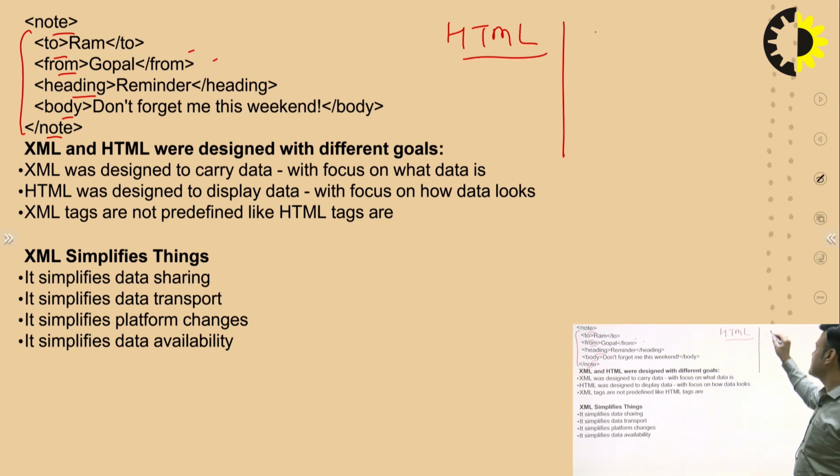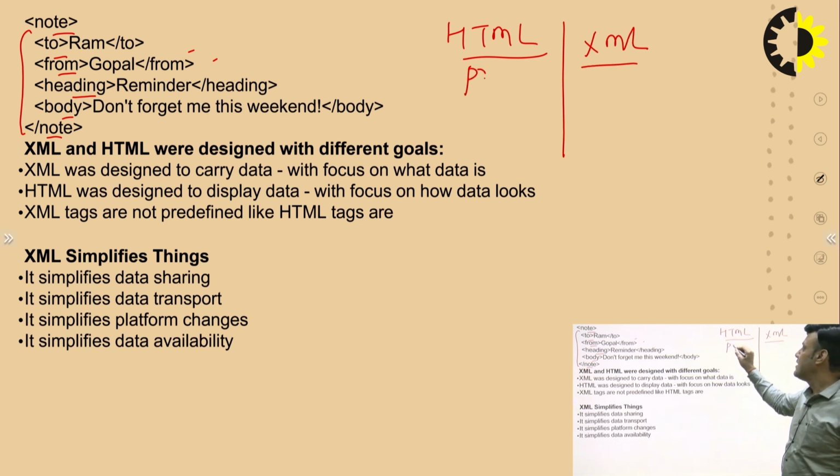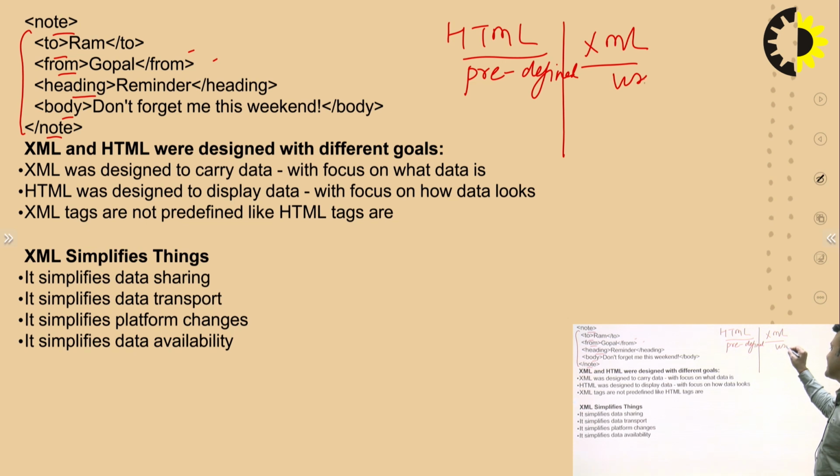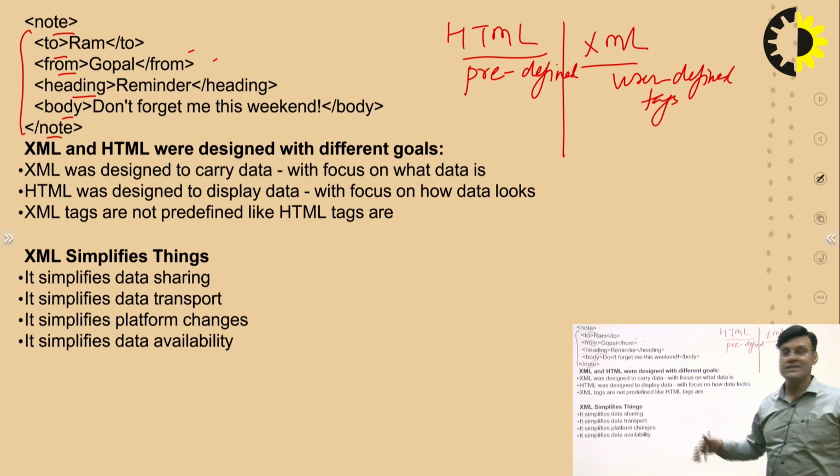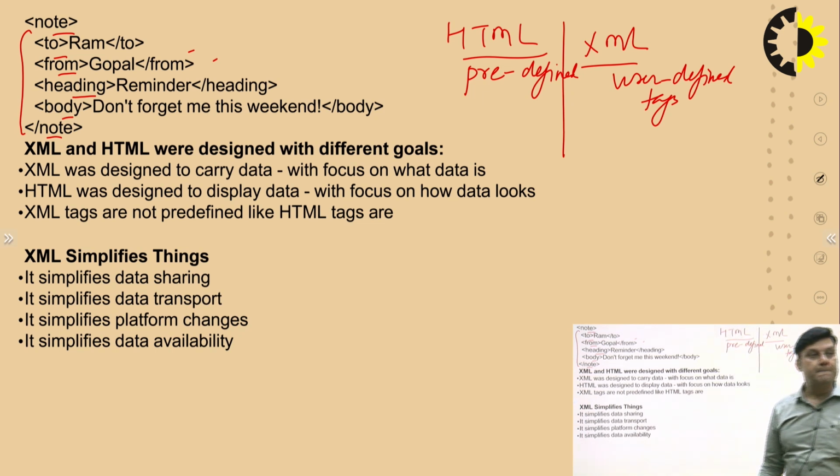In HTML we have predefined tags, right? But in XML we have more flexibility, so they are user defined tags. Okay, so all the tags are user defined, right?